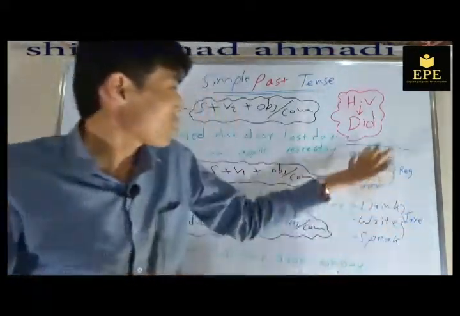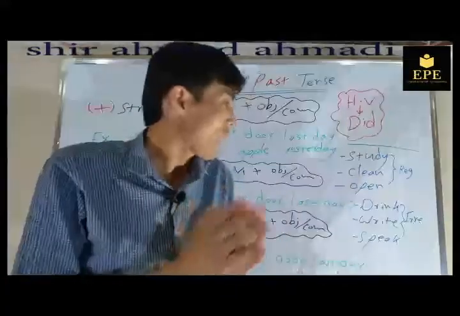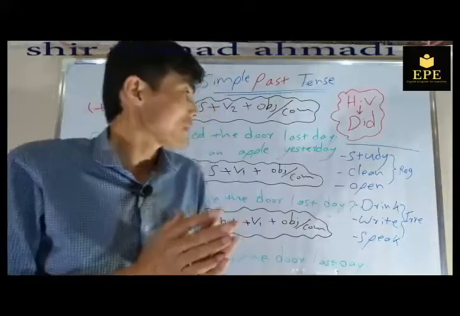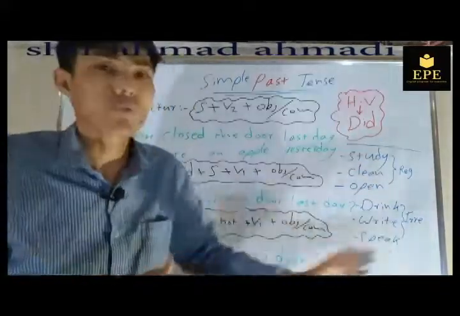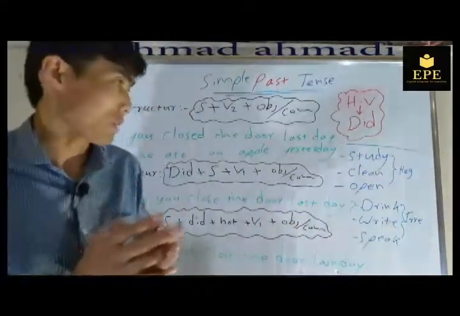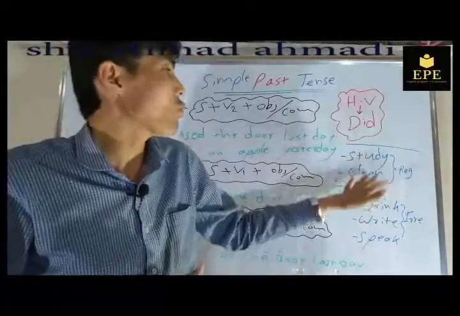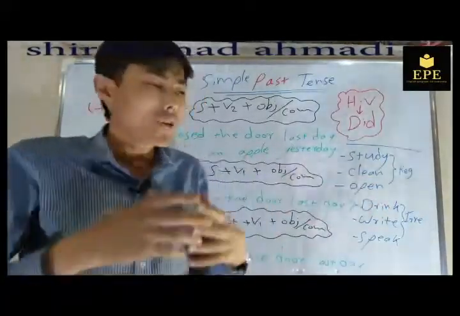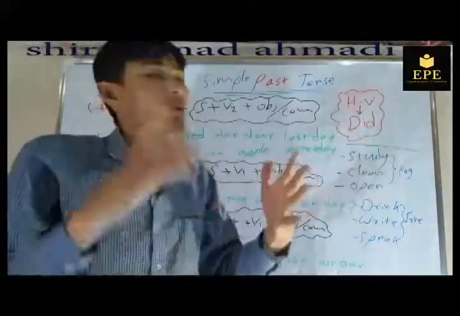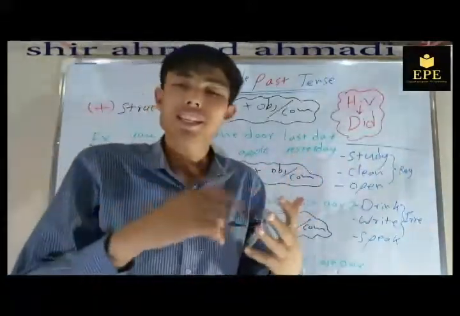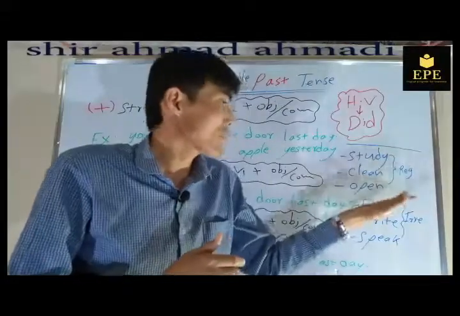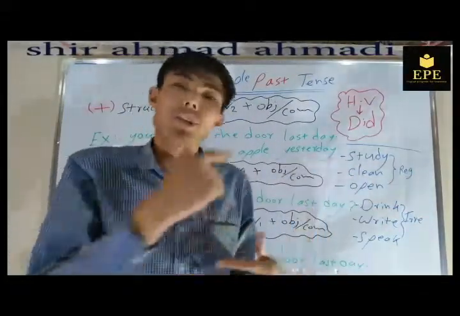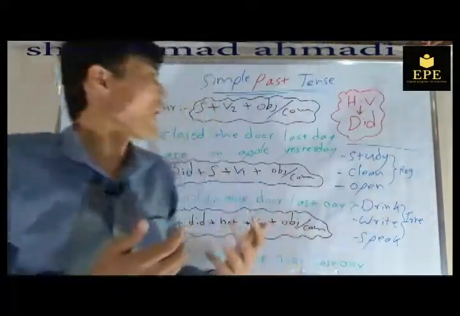This one is 3 regular verbs and 3 other irregular verbs. Let's review these verbs very quickly and concisely. Study, clean, and open, all of these 3 verbs are regular verbs. We just add d or ed at the end of these verbs. It will change to the second form by itself. How?